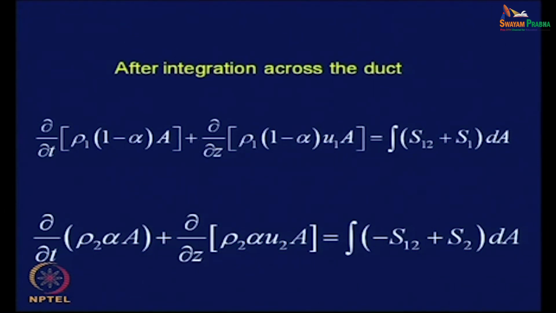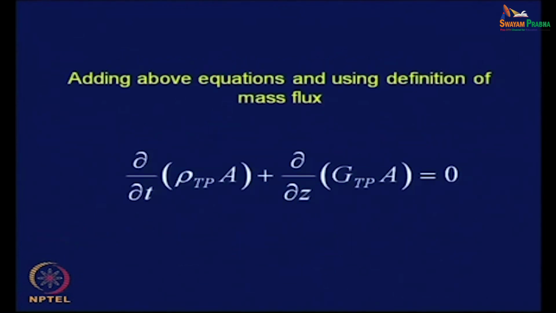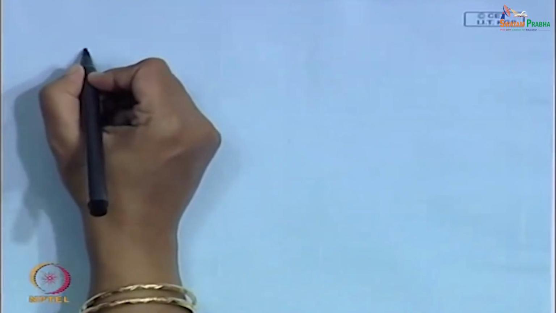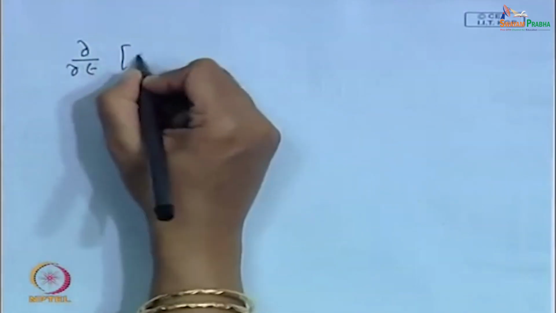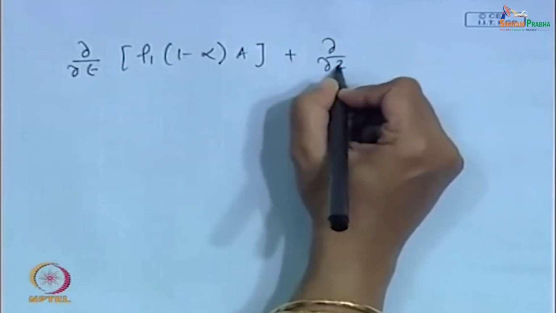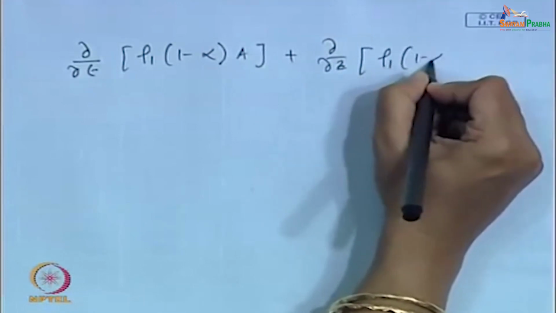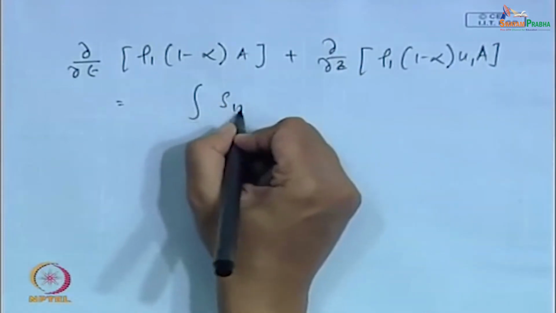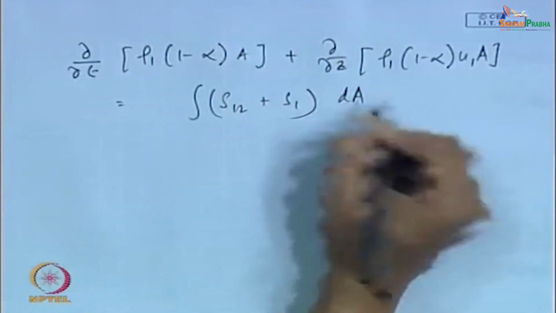Okay. Now, in this particular expression, if we add up the two expressions and then with some manipulations we get the separated flow equation for the mixture. Now, let us see how to arrive at that. This particular equation was del del t of rho 1 into 1 minus alpha A plus del del z of rho 1 into 1 minus alpha u 1 A. This is equal to integral of S12 plus S1 dA, is not it?